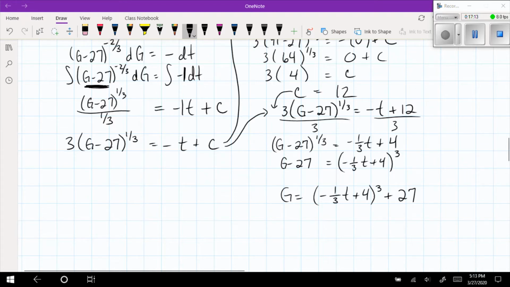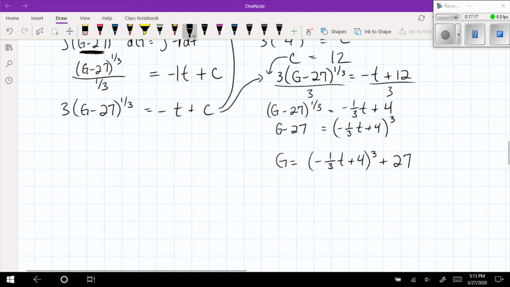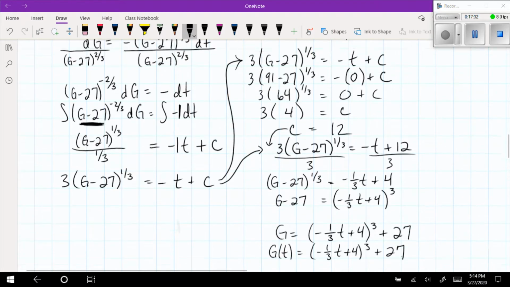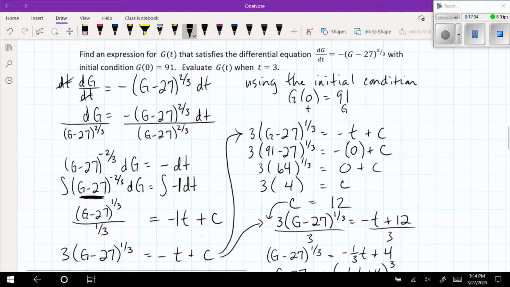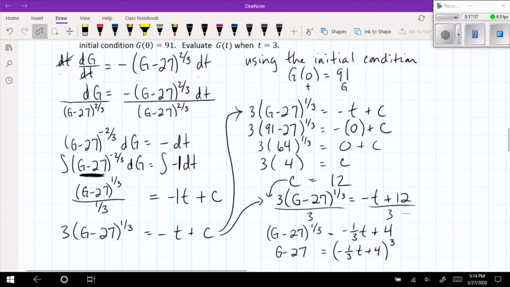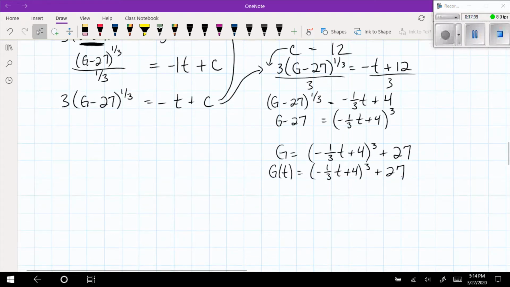This function g is a function of t, so I suppose I can just call it g of t if I'd like to. And I think I will. G of t is equal to negative 1/3 t plus 4 quantity cubed plus 27. Okay. I think that finishes one part. It says find an expression for g of t that satisfies our differential equation with that given information.